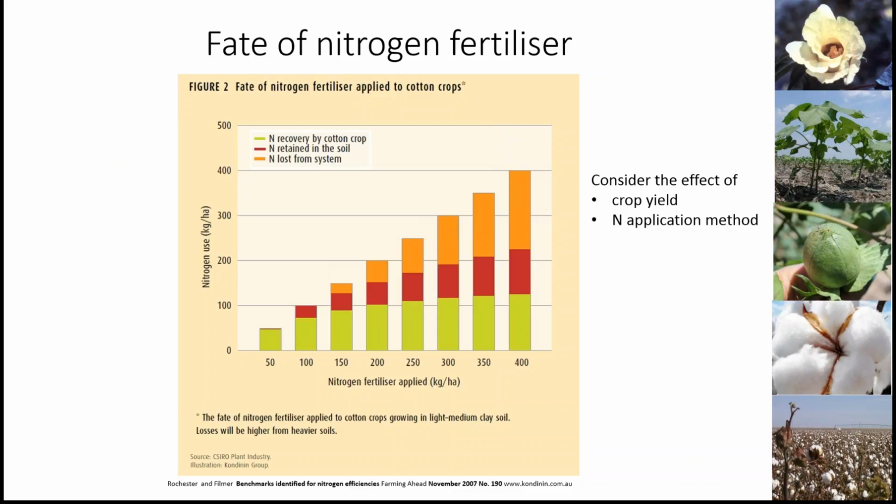So when we look at some of Rocky's data on the fate of nitrogen, there's a couple of things that emerge quite starkly. This green group of bars is basically the end recovered by the cotton crop.